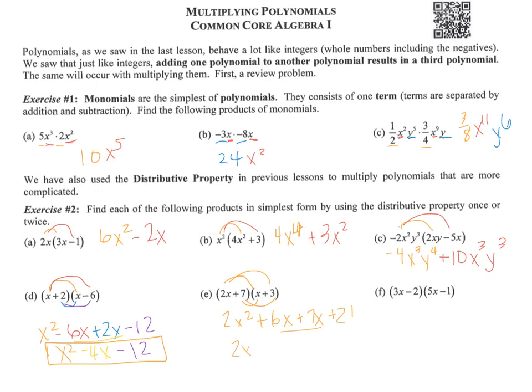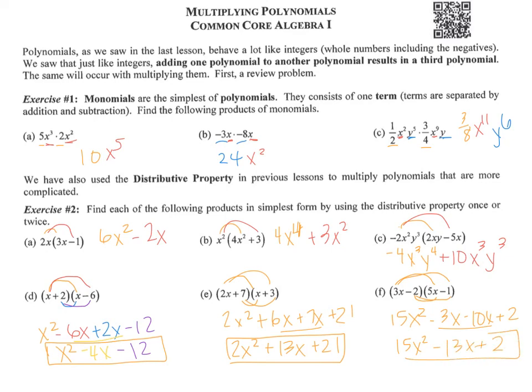Combine your like terms, 2x squared plus 13x plus 21. 3x times 5x, 15x squared. 3x times -1 is -3x. -2 times 5x is -10x. And -2 times -1 is positive 2. Combine your like terms. 15x squared minus 13x plus 2.